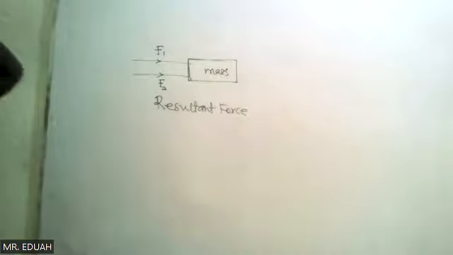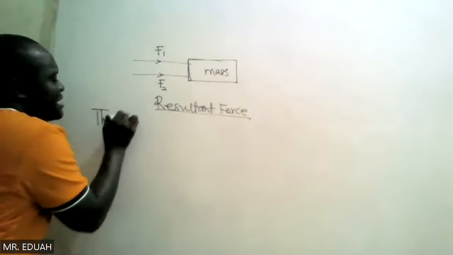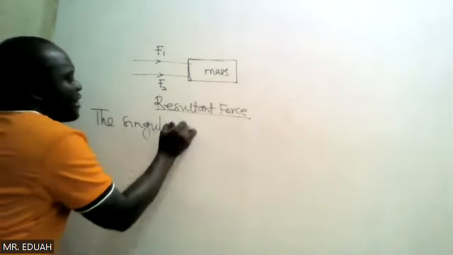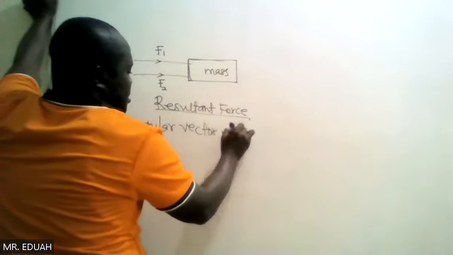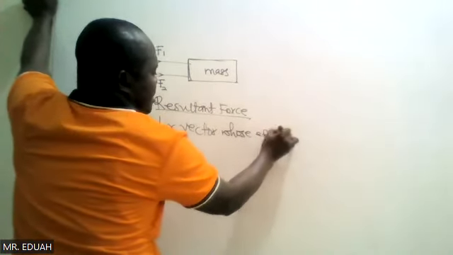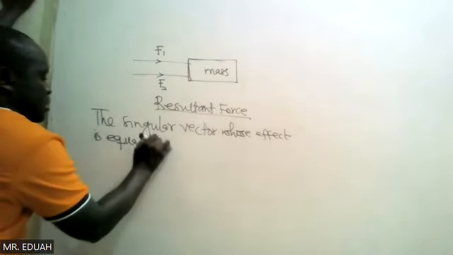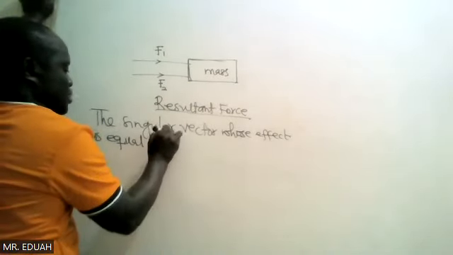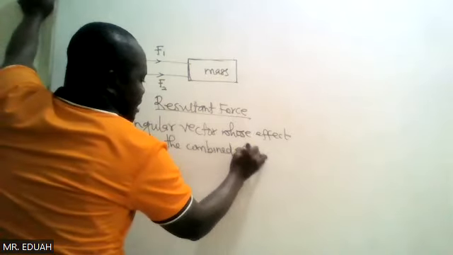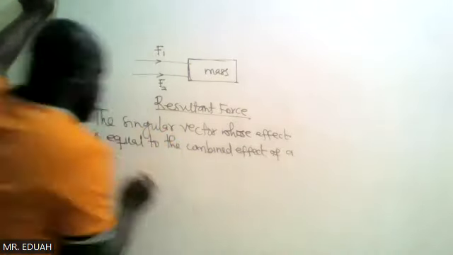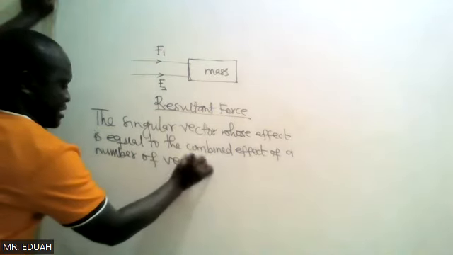The resultant vector or force is defined as the single force or vector whose effect is equal to the combined effect of a number of vectors.